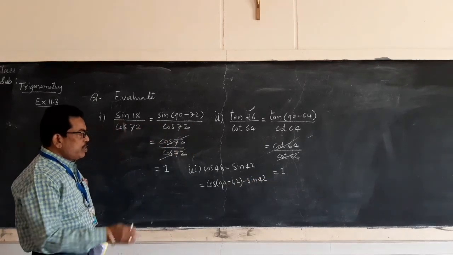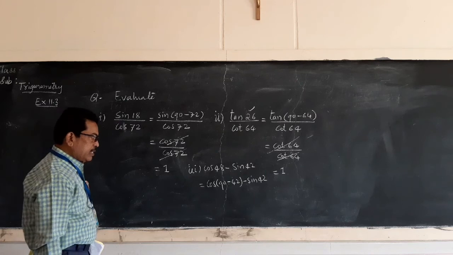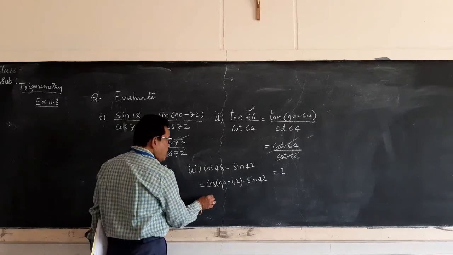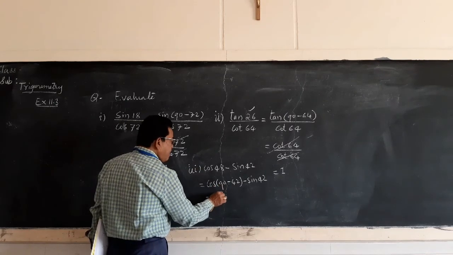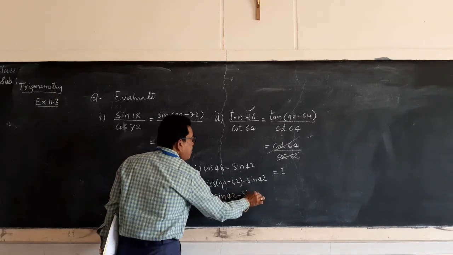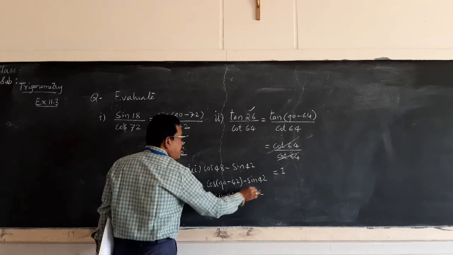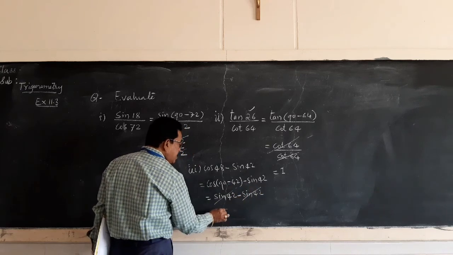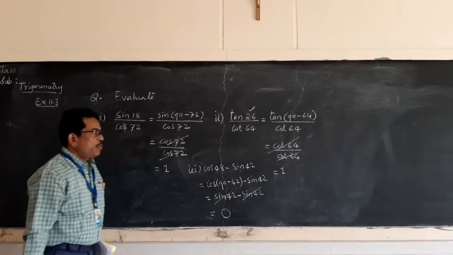Any one you have to convert into complementary angles, not both. So cos of 90 minus 42 is sin 42, minus sin 42. Sin 42 minus sin 42 cancels, that is equals to 0.